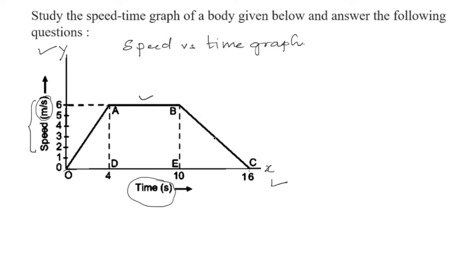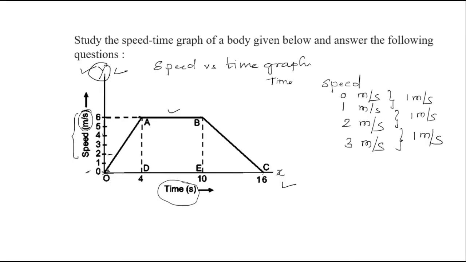This is what we come to know here. So there is a change in velocity of the object going from O to A. After that, here at A, its velocity or speed remains constant.